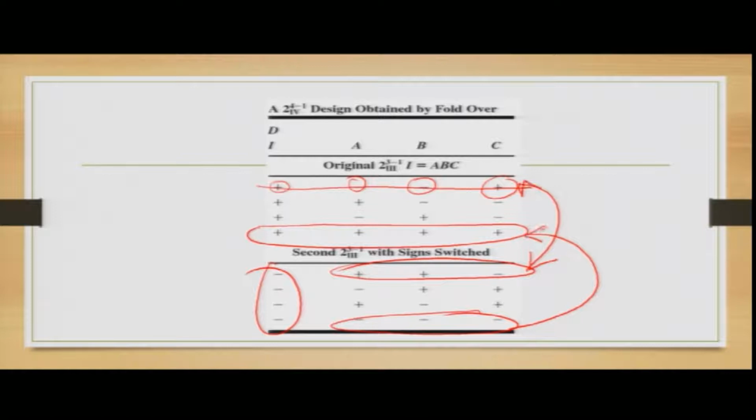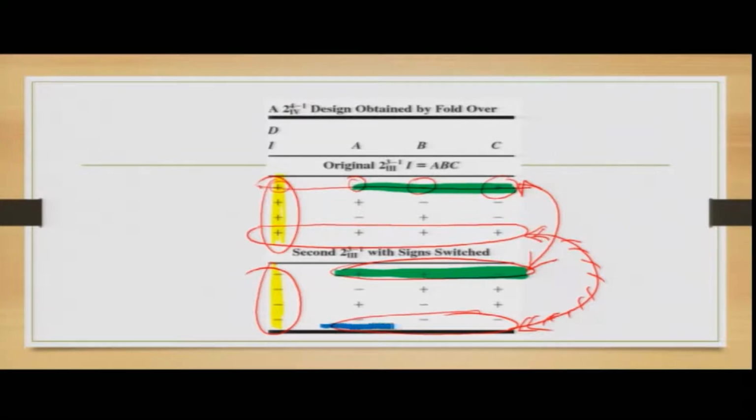I will just make a note: this we had for the indicator, this we had for ABC combined with ABC in the switched over, and this is for the original one. So, this is just a simple concept which you are trying to utilize.